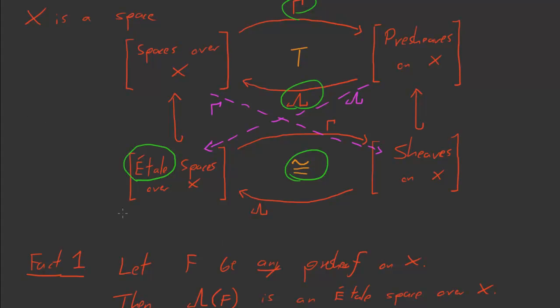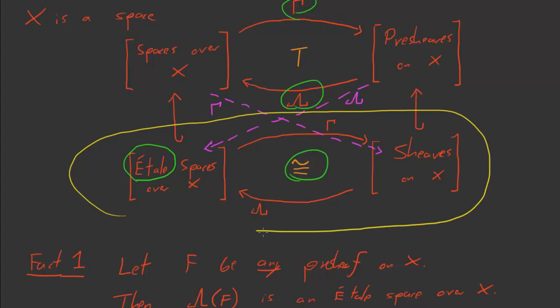Things which I said down here are reasonable. It is true that if you start with an Etale space and apply gamma, you'll get a sheaf. More is true: if you start with any space and apply gamma, you'll get a sheaf. But in any case, these two things are true, so this makes sense. You do, in fact, stay in this kind of circle when you apply gamma and lambda.